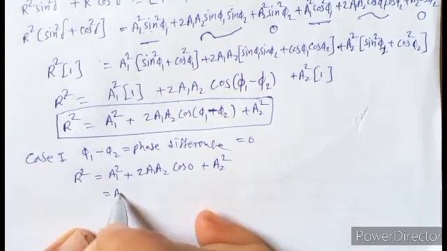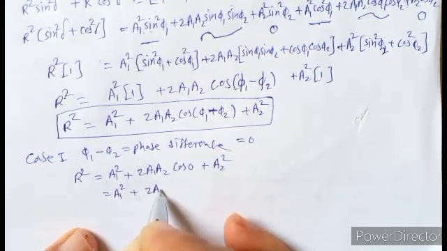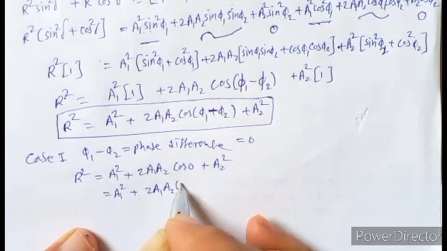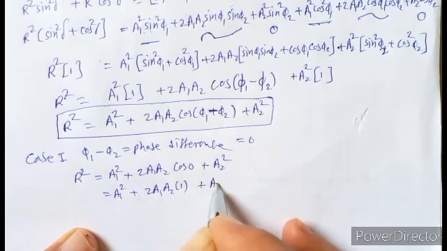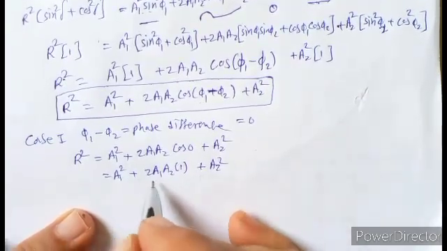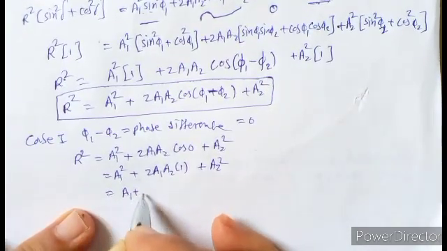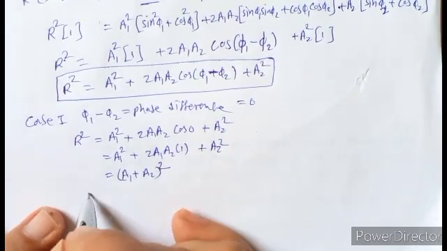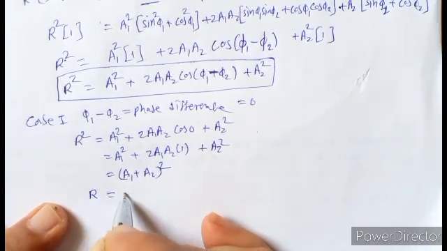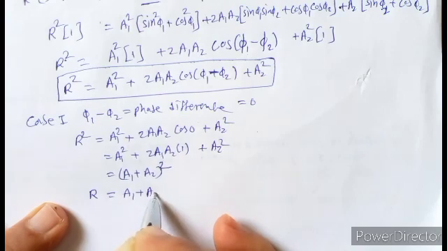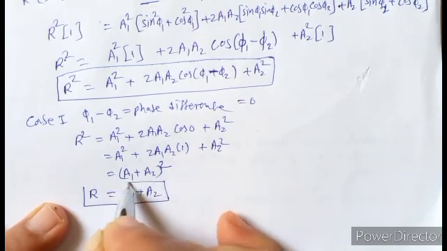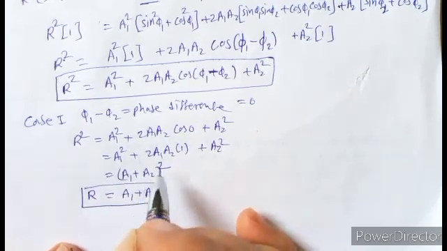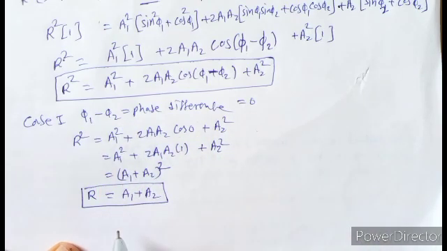Cos 0 is always 1, so a1 square plus 2a1a2 plus a2 square, which looks like (a1 plus a2) whole square. Taking the square root of both sides, we get r is equal to a1 plus a2. It gives you the resultant amplitude when the phase difference is 0.